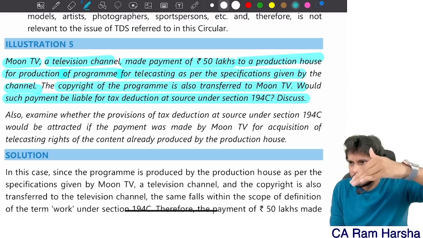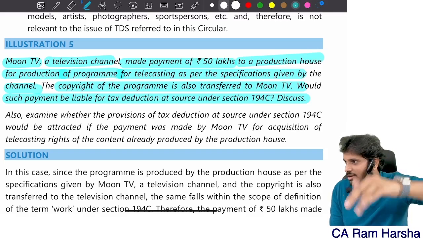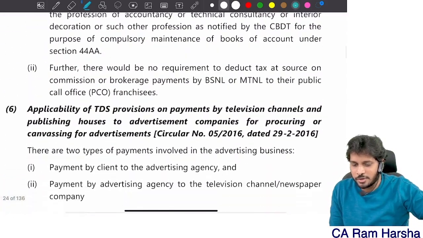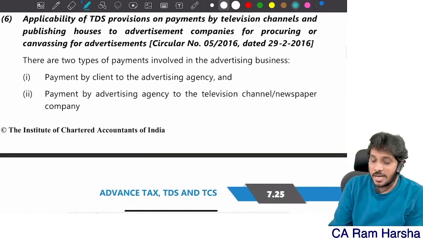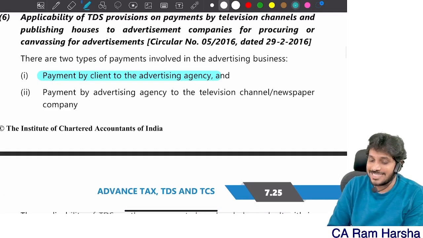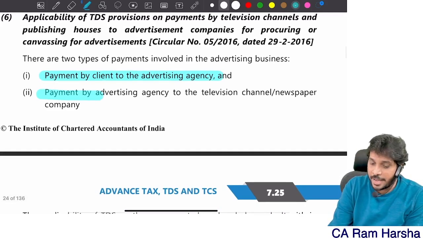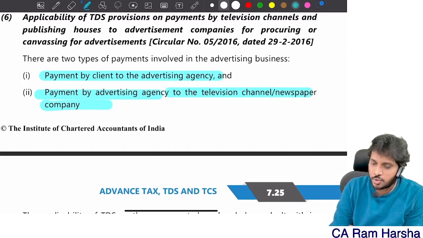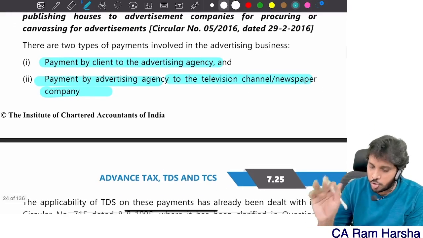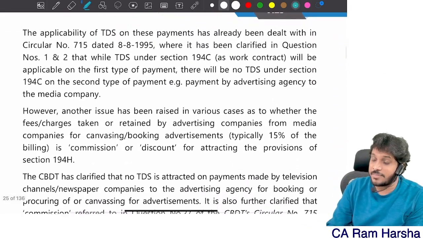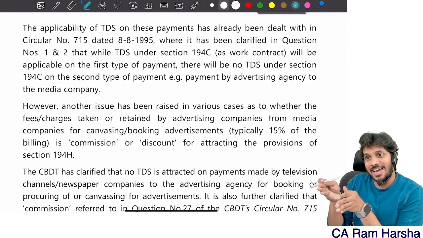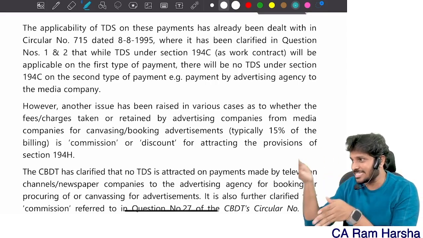You have seen this provision and the applicability of it. Is the amount paid to an advertising agency, or are you paying an advertising agency relating to some television channel or news company? There are 2 types of payment. On the applicability of TDS, suppose they are designing the ad and are also telecasting it.